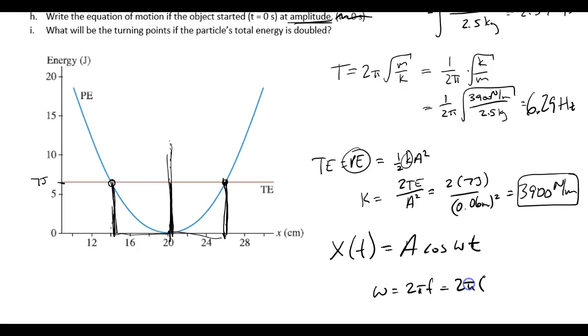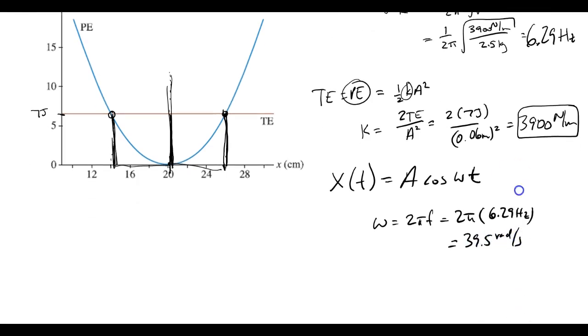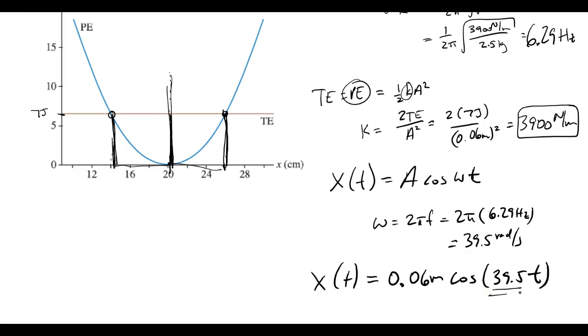So that's 2 pi times the frequency, which we got to be 6.29 hertz. And so 6.29 times 2 times pi, we get 39.5 radians per second. So if I write x as a function of time, we know the amplitude is 0.06 meters. We got that from the graph. You can say 6 centimeters is fine. Cosine of 39.5 t. And remember, if we don't put a unit, we can assume it's radians per second. So that would be my expression.